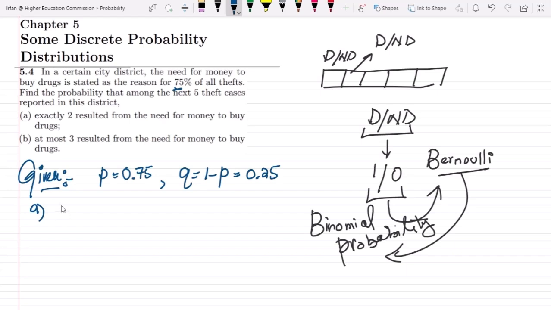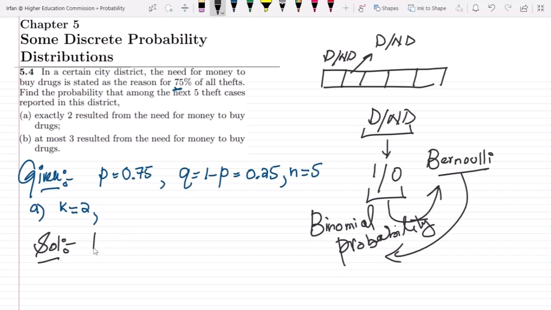So we have to find the probability that 2 cases are reported for which the money has been stolen to buy drugs, and the total number of theft cases was 5. So this is the case of binomial probability, and I have told you why it is binomial probability. So let me solve it.